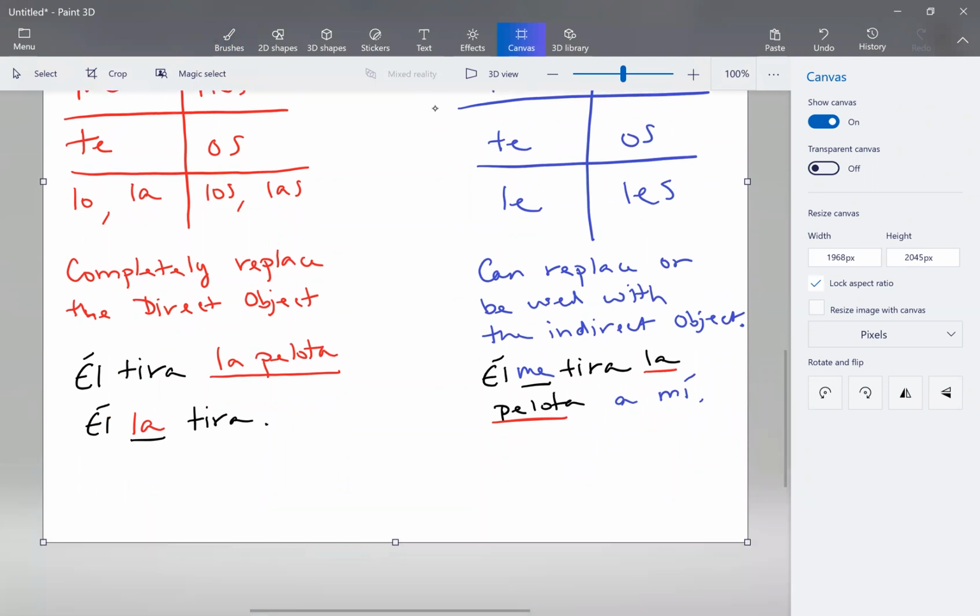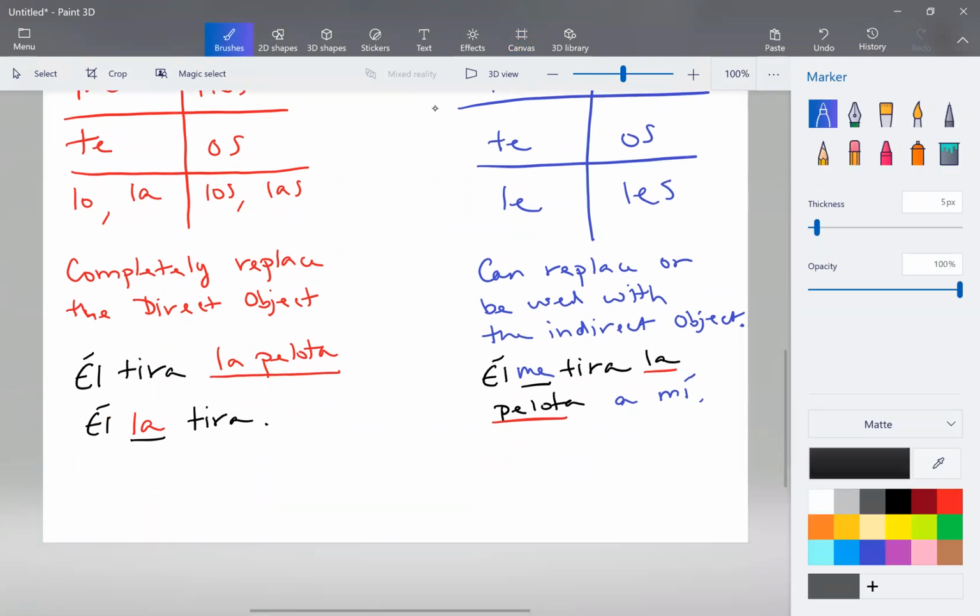And that would look like él me la tira. And then if we want to, we can put a mí. What does this last sentence mean? In él la tira, we replaced it with he throws it.